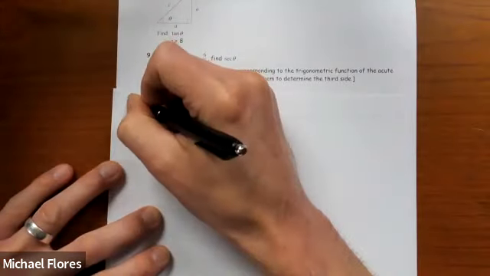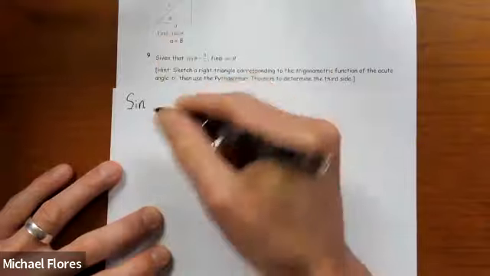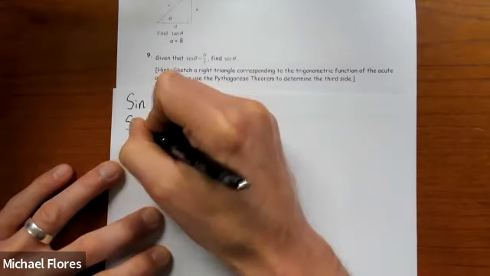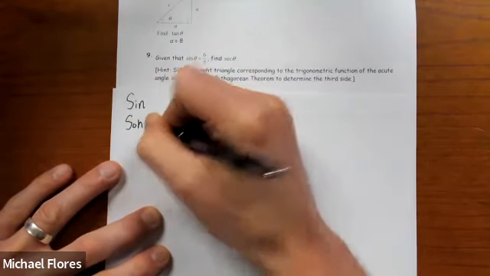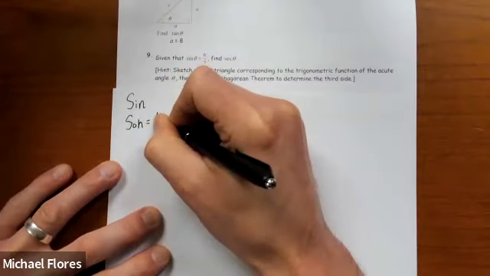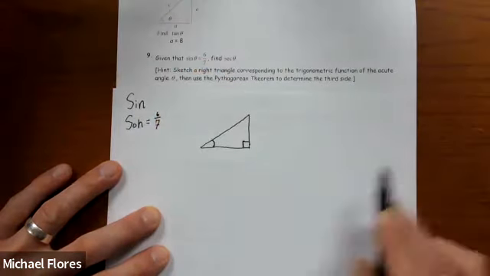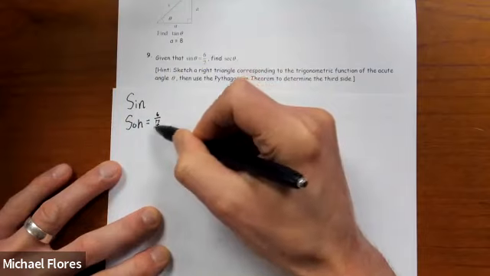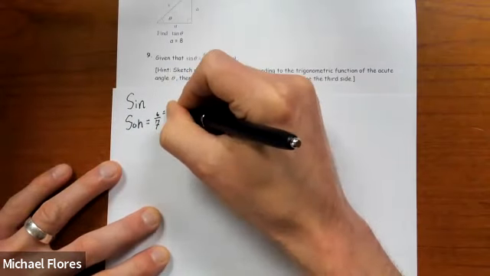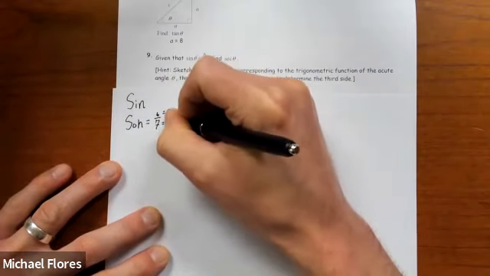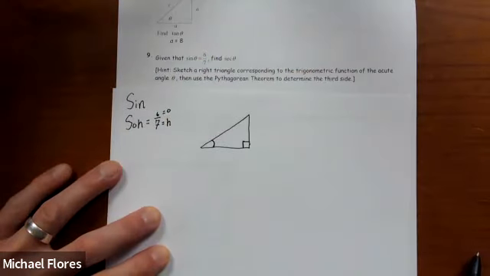Sine, remember sine, we use SOH. So if they have given a 6/7, the 6 would be opposite. The 7 would be hypotenuse.